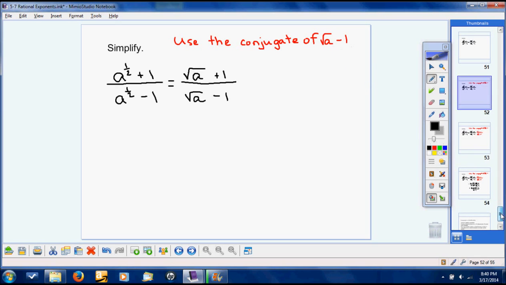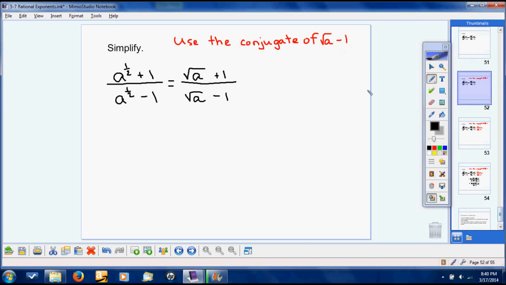And if you remember, the conjugate of square root of a minus 1 is the square root of a plus 1.